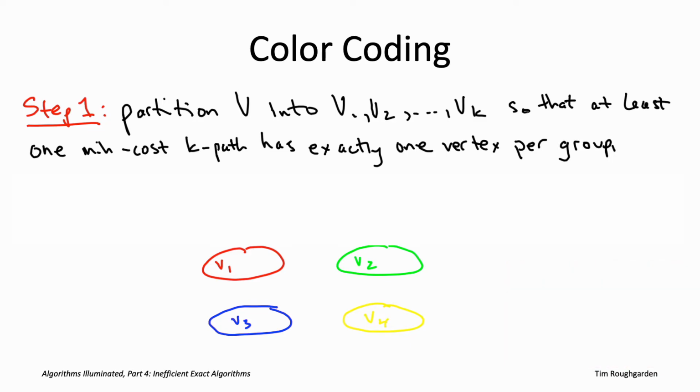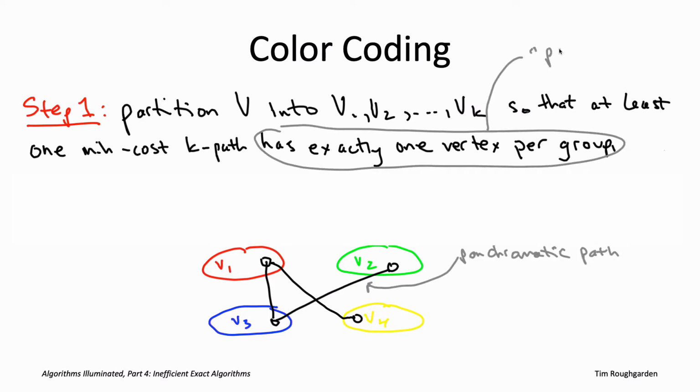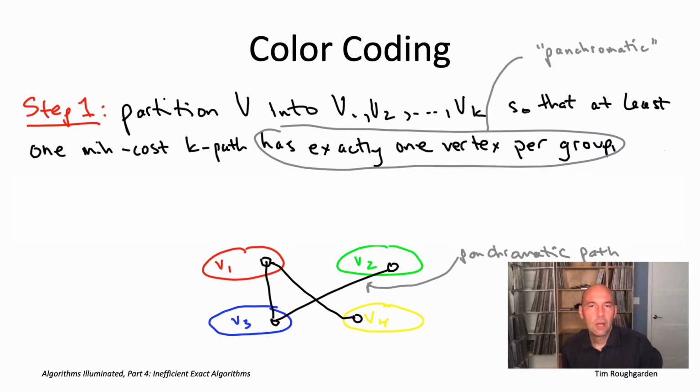So for example, we might have a panchromatic path that begins in V2 before proceeding to V3, and then a vertex in V1, and concluding with a vertex in V4. The second step of color coding solves the minimum cost k-path problem, but with a twist that you only want to look for panchromatic paths.